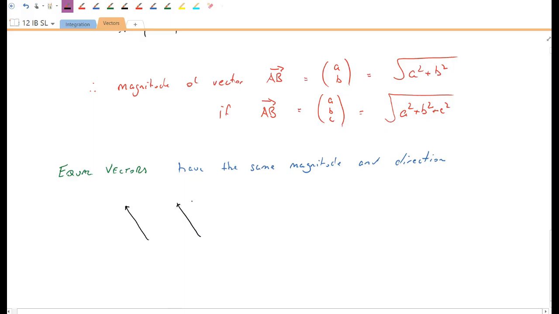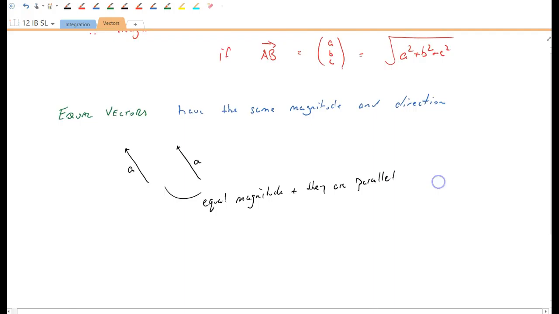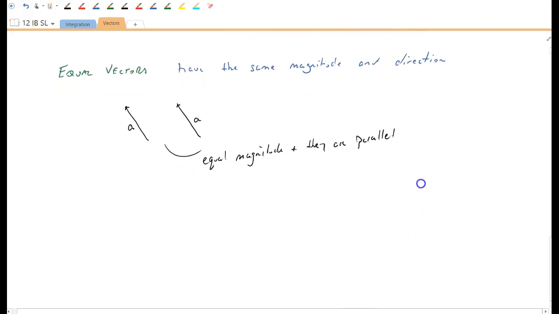If this is A and this is A, then these two will have an equal magnitude, and they're going to be parallel. So if they're parallel and have equal magnitude, then the vectors are equal.